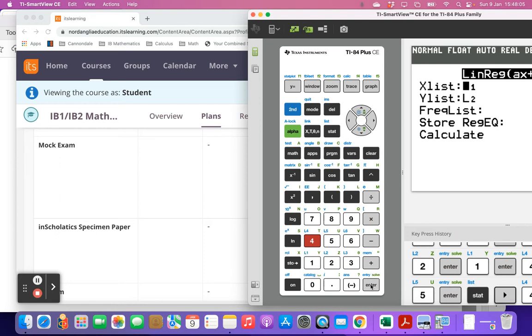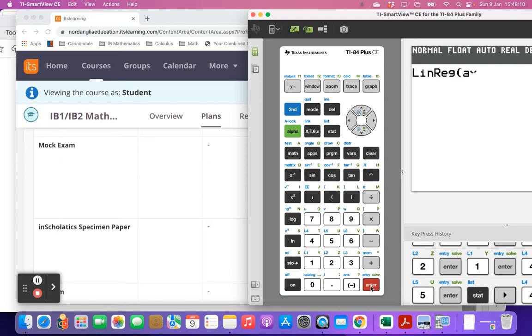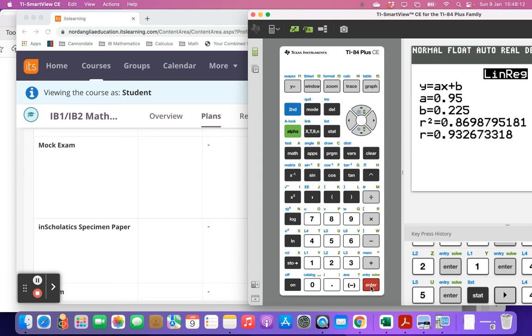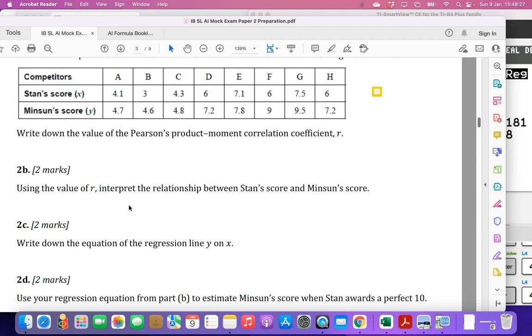I don't think so this time. We're just going to see how well the ranks correlate. So the ranks correlate at a 93.3% value for the Spearman's correlation.